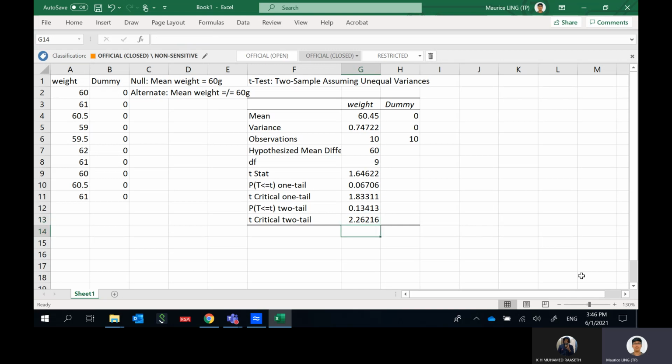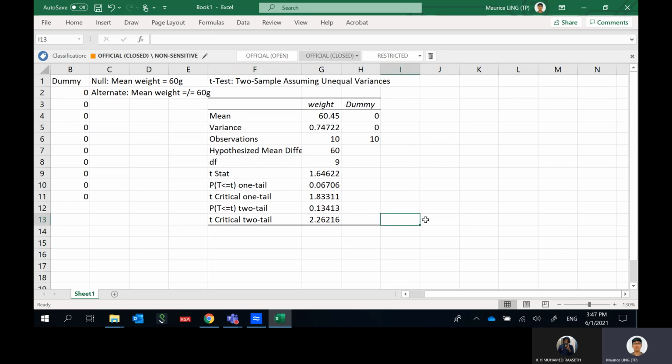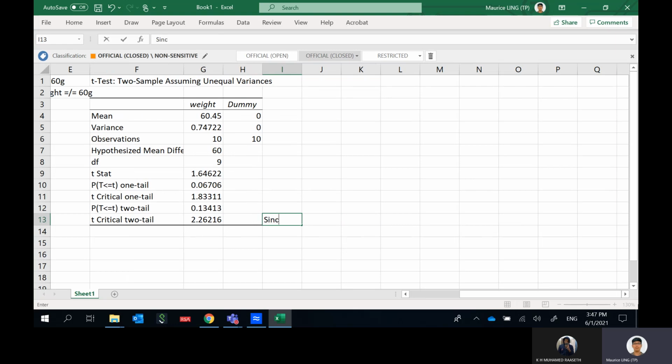Okay. So essentially, based on this, since the t statistic is less than the t critical, you fail to reject the null hypothesis, hence you accept the null hypothesis. Therefore, what is the null hypothesis?